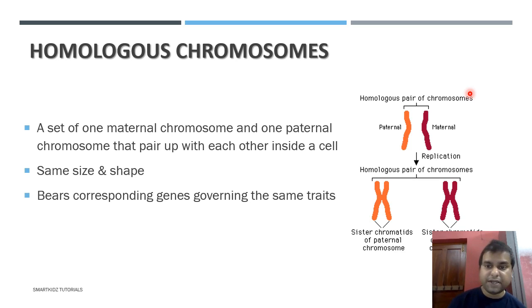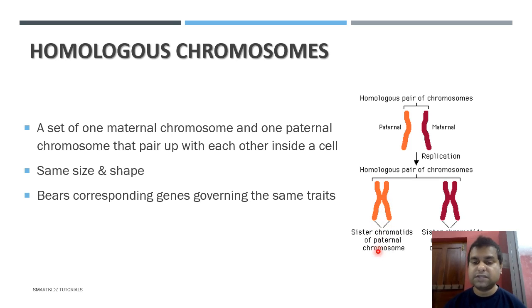When it comes from the father, it is called a paternal chromosome. When it comes from the mother, it is referred to as a maternal chromosome. If you notice over here, they replicate. They are not joining together, but they are replicating. You have something called sister chromatids, which is what they are called when they are fused together.